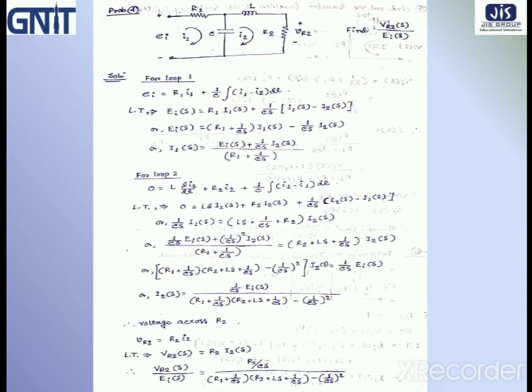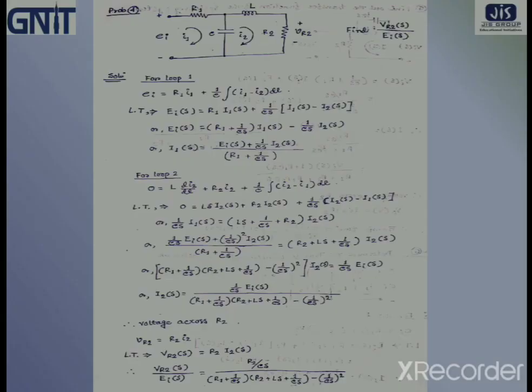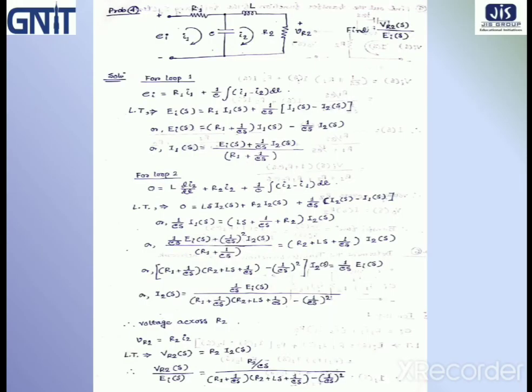Another example is there. Here we have to find the transfer function V_R2(s) by E_I(s). V_R2 means the voltage across resistance R2, which we take as the output response, and E_I is the input. Just look at the problem, very simple.